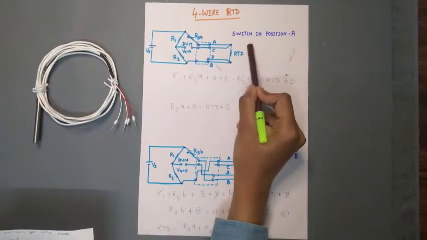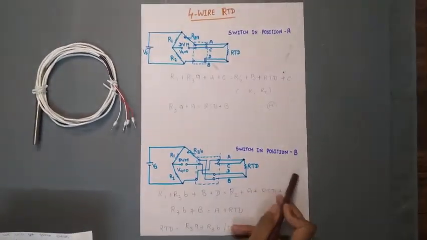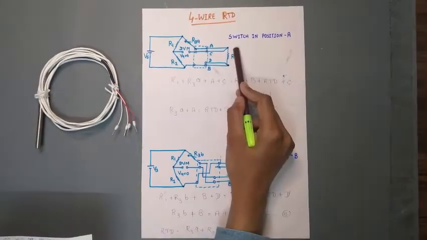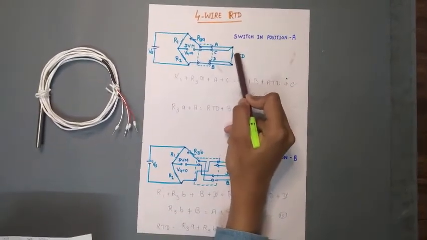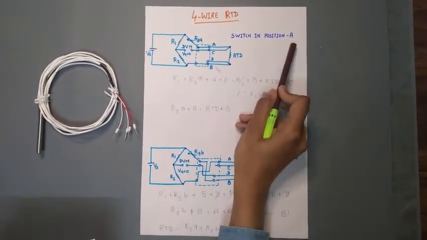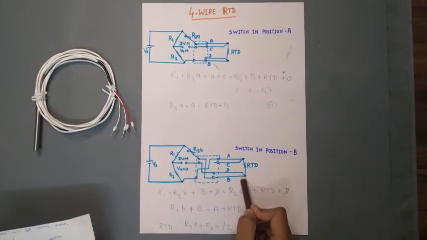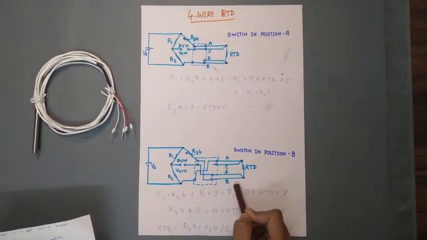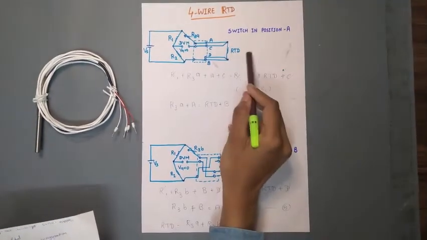Its 2 configurations are the switch in position A and the switch in position B. When the switch is in position A, the lead wire A is measured with the RTD, and with the switch in position B, the lead wire B is measured with the RTD. So these are the 2 cases for 4-wire RTD.